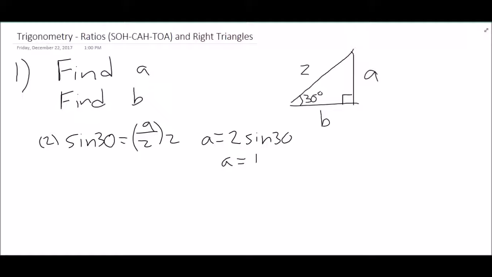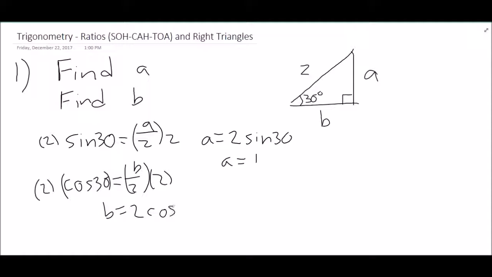So now we're looking for B, and since B is adjacent to 30, we're going to use cosine. So cosine 30 is equal to adjacent over hypotenuse, which is B over 2. We're going to isolate the B, multiply by 2 on both sides, basic algebra, and then we get B is equal to 2 cosine 30.